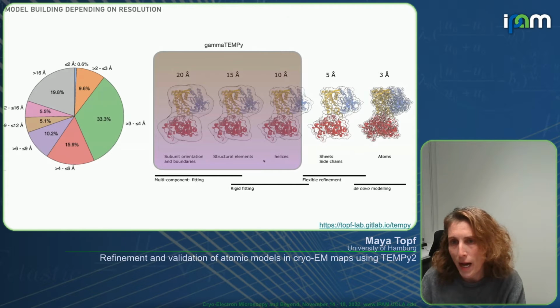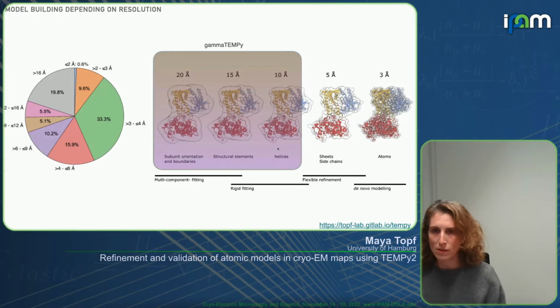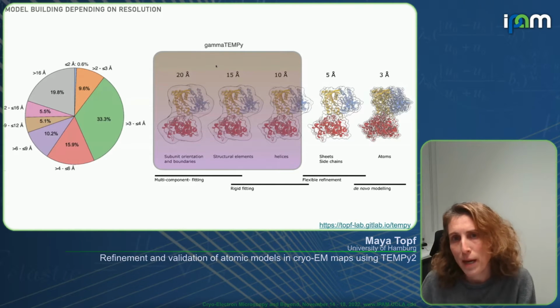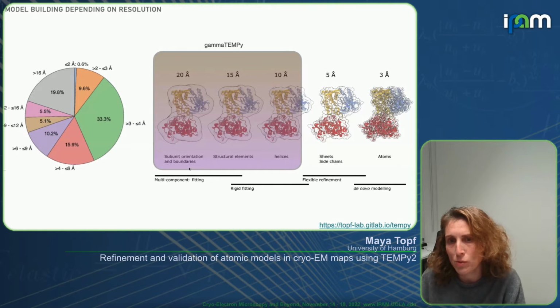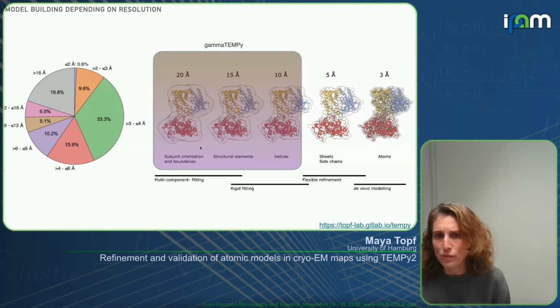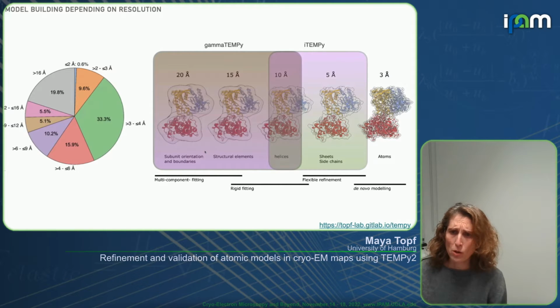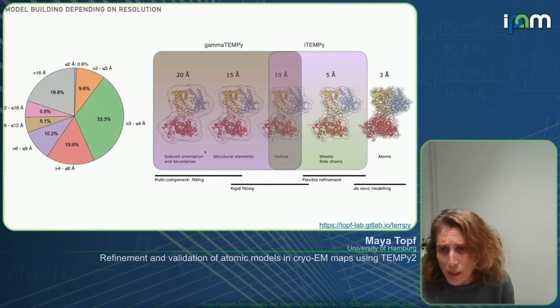And as we go higher in the resolution, at around 8 angstrom or 10 angstrom, we can think about fitting long helices. Our Gamma TEMPy software was designed to do rigid body fitting of these large elements.